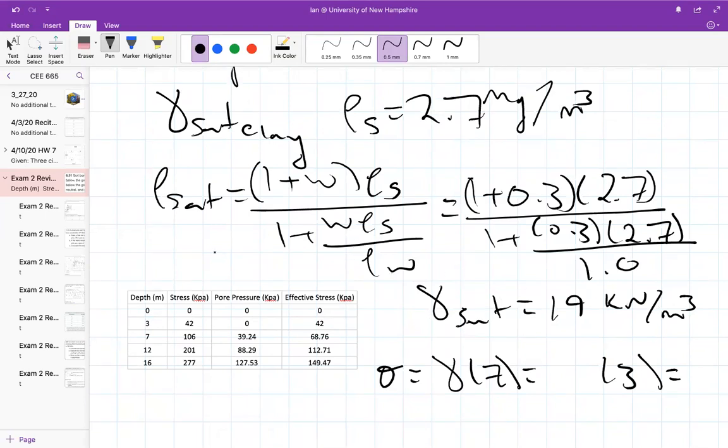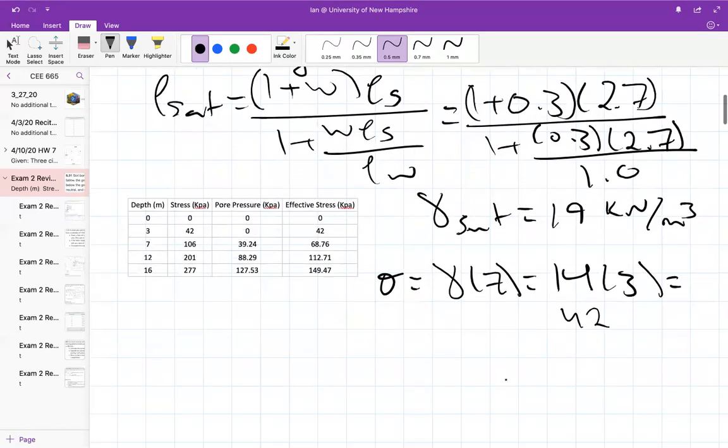So based on this, we say we're at depth 3, which means that the groundwater table is 3 meters below the ground surface. So we're right at that line, but we're not going to be considering water in this calculation because we're not technically underneath it. So that's why we're going to use the 14 here, which will give us 42.